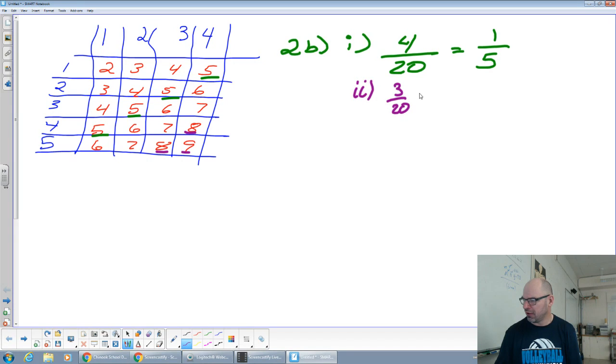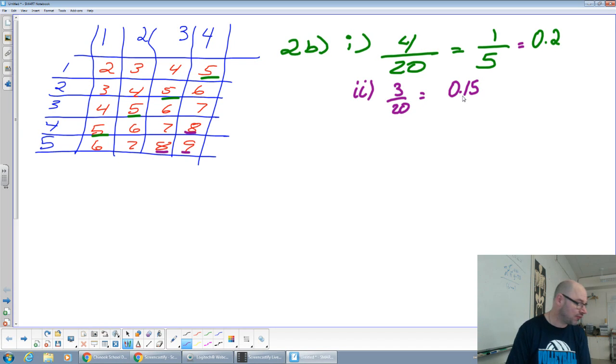Cannot reduce that one. Okay, if they did a decimal, 1 over 5 would have been 0.2, and 3 over 20 would have been 0.15. Okay, and the last one that they ask you, if the sum is 4, the player moves back.